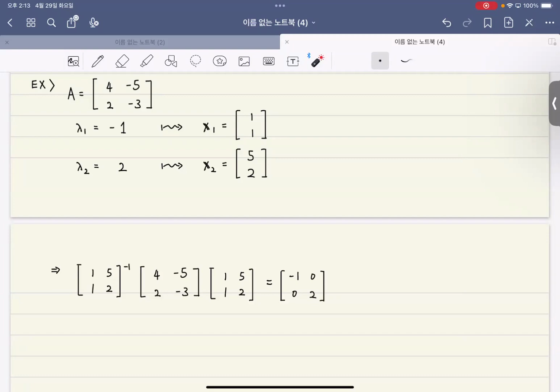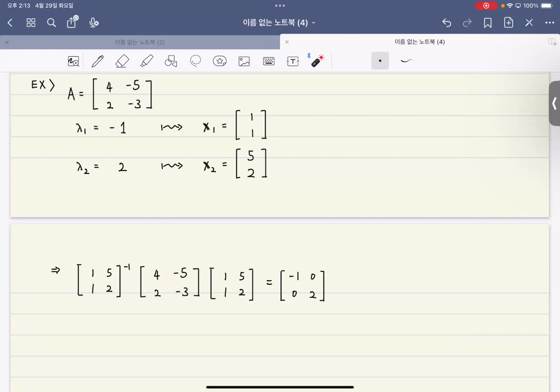Can I always find such a nice basis? The answer is no, not always possible. So when such a nice diagonalization is possible, those two questions are going to be the two most important questions in today's lecture. We will try to answer them one by one.